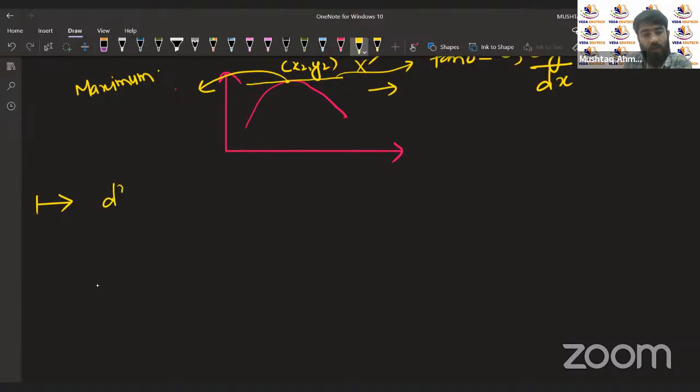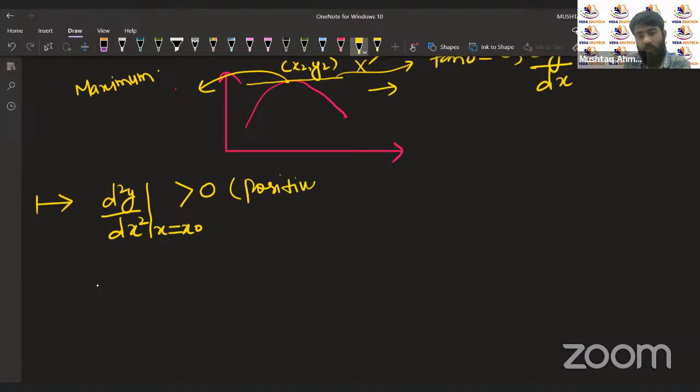Then we have to check the second derivative for this curve. We have to go for the second derivative test. If the second derivative of this curve at the point where the first derivative was 0 comes out to be greater than 0, or positive, then the point will represent a minimum.